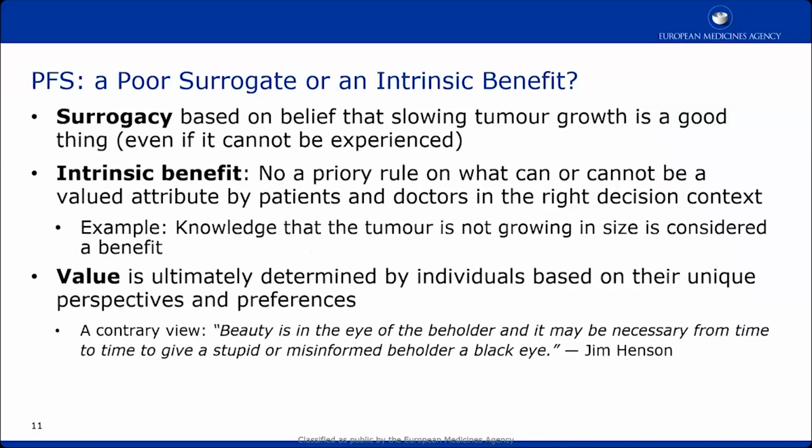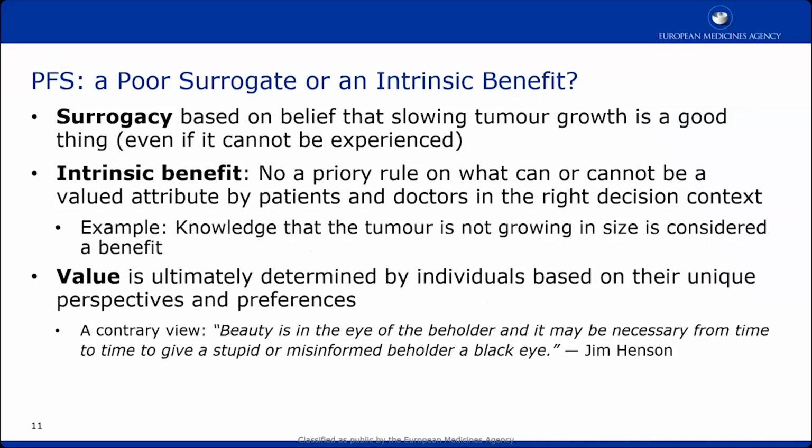And we've tried to figure out what are the core beliefs that determine these different views. And I think one is, for those who believe in PFS, there are at least two important elements.